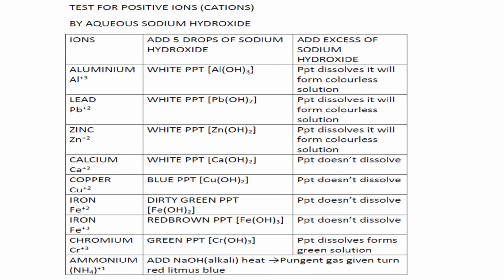Then about the copper, normally copper solutions are colored solutions and the common color for copper is blue. So for example, we have a copper salt solution here, and we are adding sodium hydroxide.